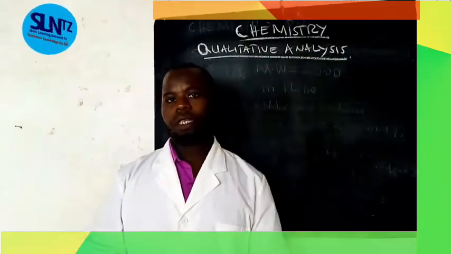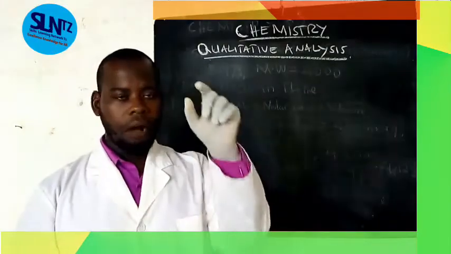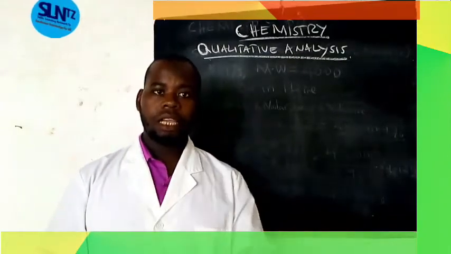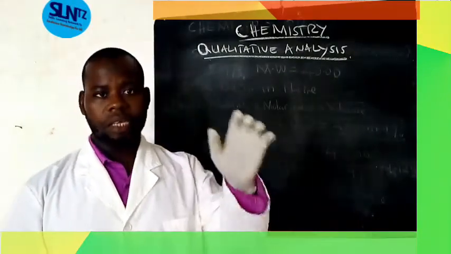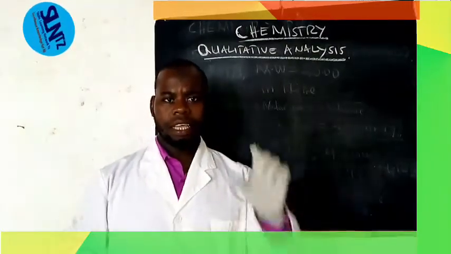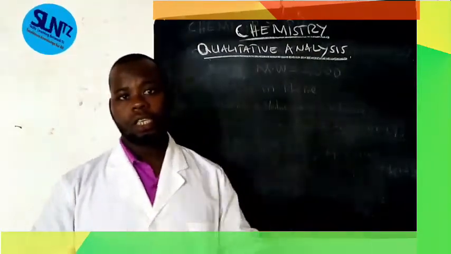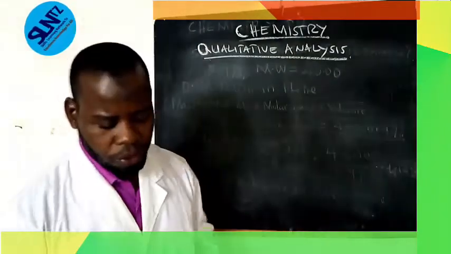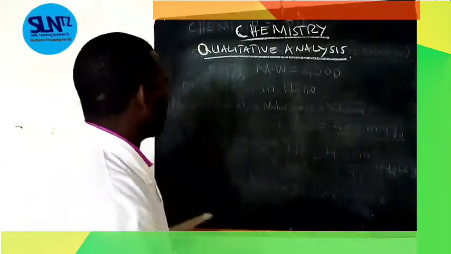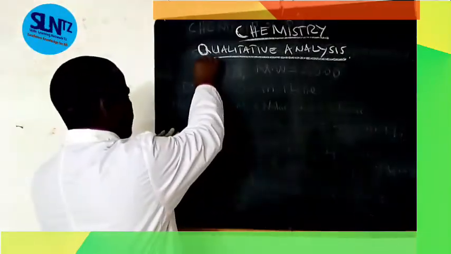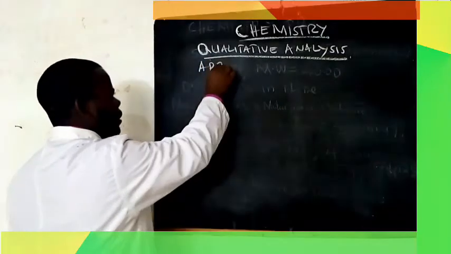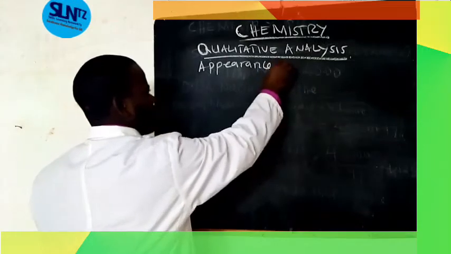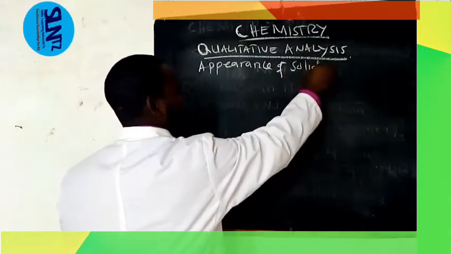So now I'm going to teach you the appearance. How can you identify the anion and the cation through appearance? When you see the appearance, you see this is, let's say, zinc, this is copper. That is appearance. Today we are going to see the analysis of the appearance of a solid sample.